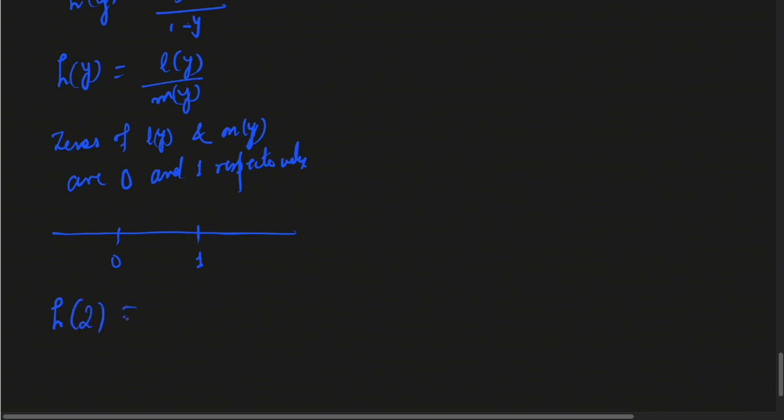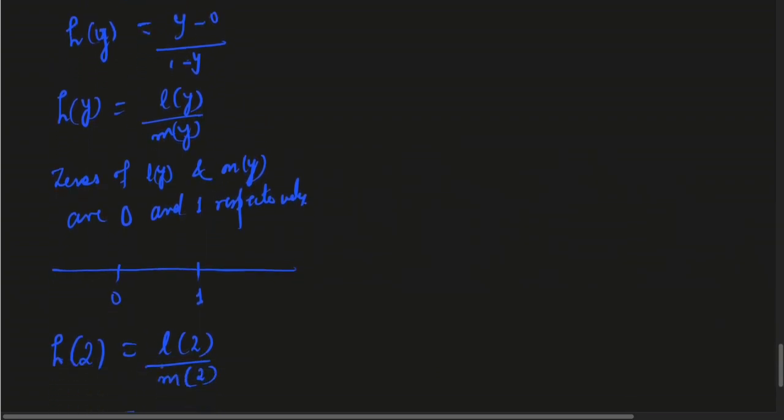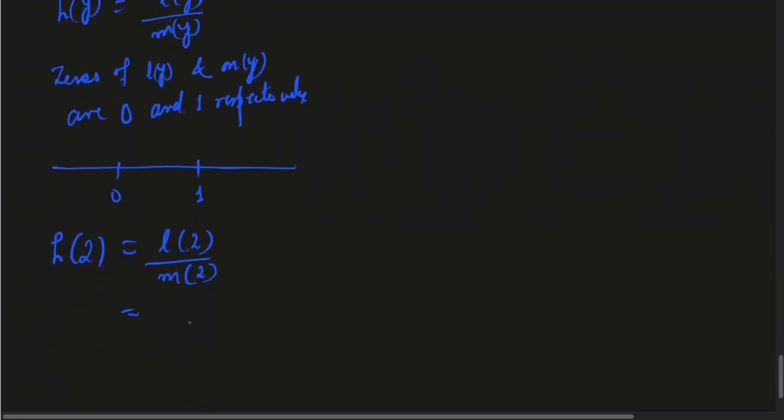So h of 2 will be L of 2 upon m of 2. This is y upon 1 minus y, so this is 2 upon 1 minus 2. This comes out to be negative 2, and negative 2 is less than 0. So we will put a negative sign here.